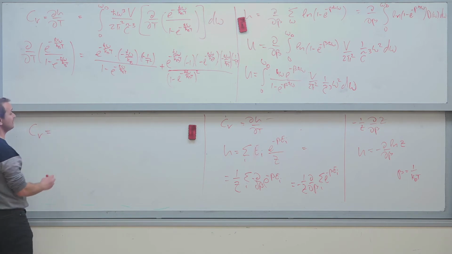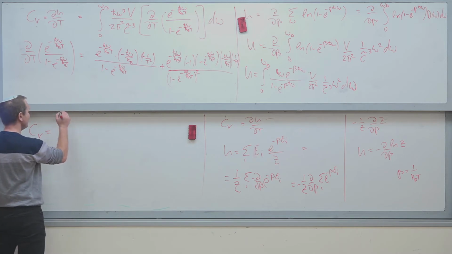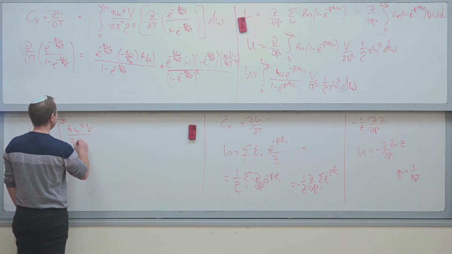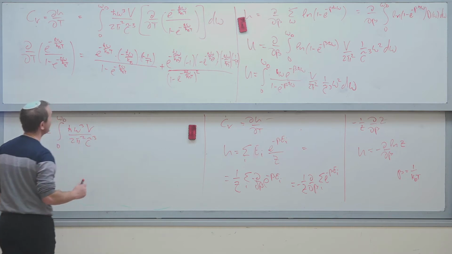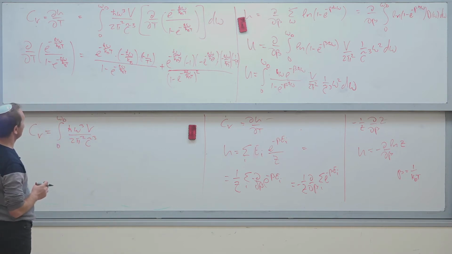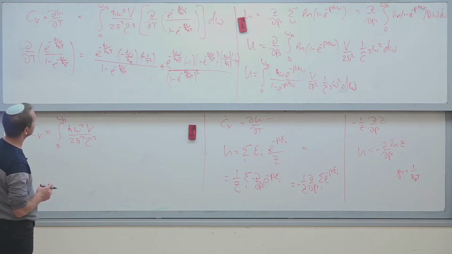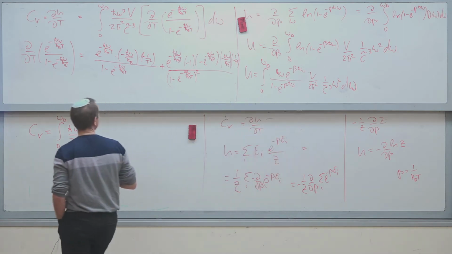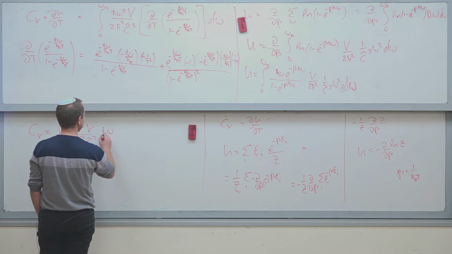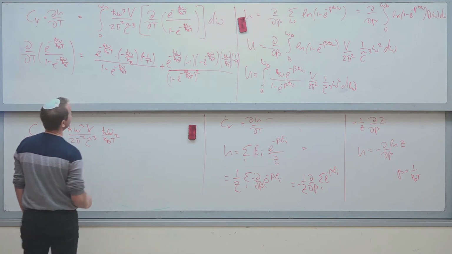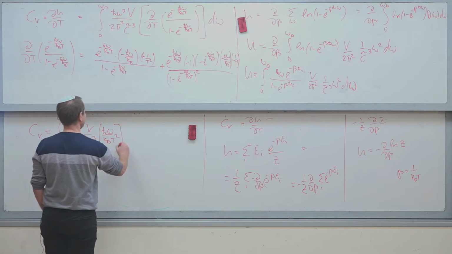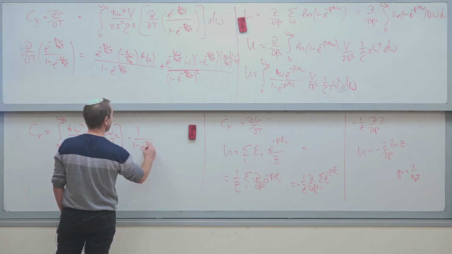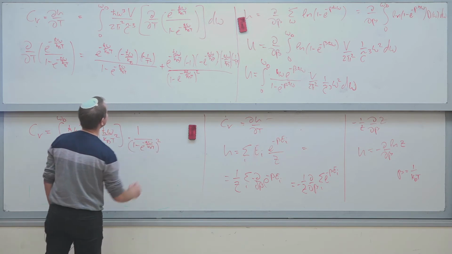And eventually we get that CV is an integral from 0 to omega Debye of h bar omega to the third times V over 2 pi squared c tilde to the third. What we have over here is, let me see, definitely h bar omega divided by k Boltzmann T squared, multiplied by 1 over 1 minus e to the power h bar omega over k Boltzmann T squared.